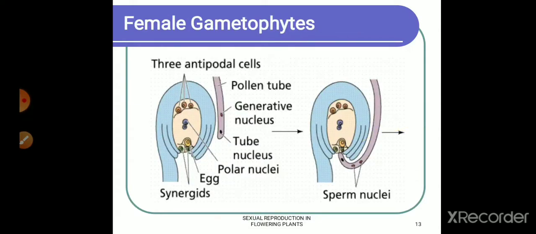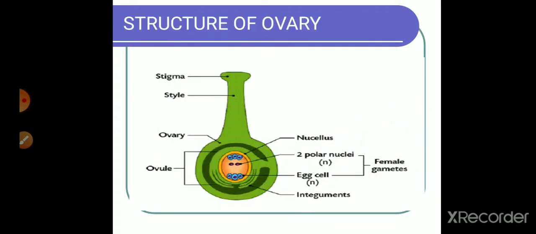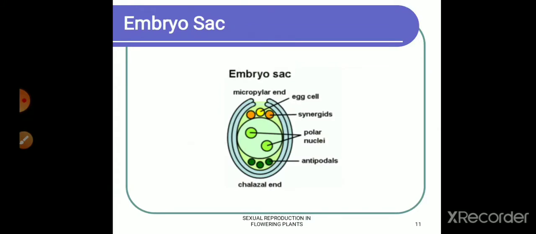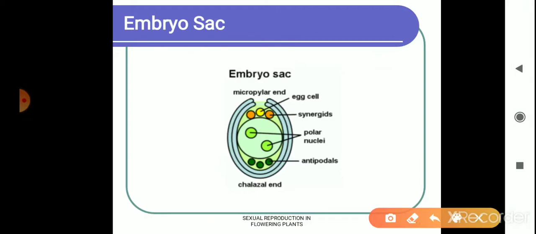Here you can see an inverted ovule; compare with this figure. Here the micropylar end is shown on the upper side, while here is the micropylar end, here the chalazial end, and the funicle lies somewhere here. So all lie in the same plane: micropyle, chalaza and funicle.